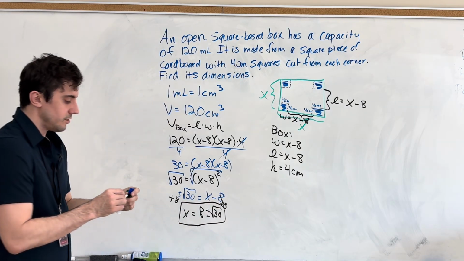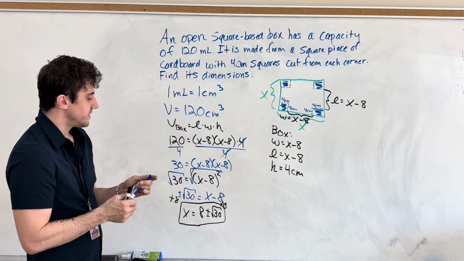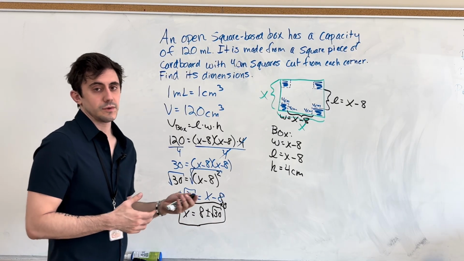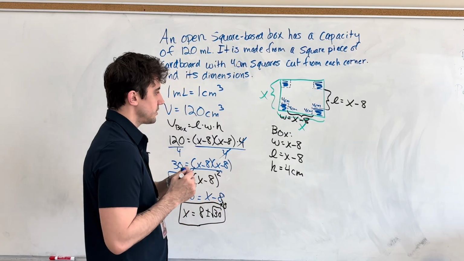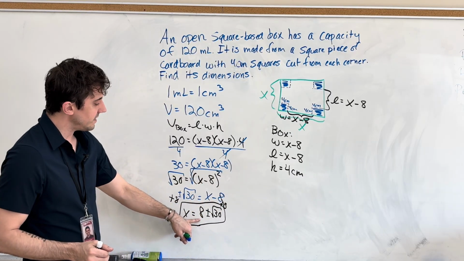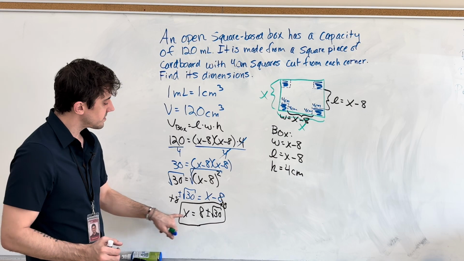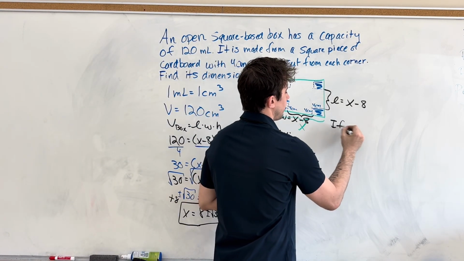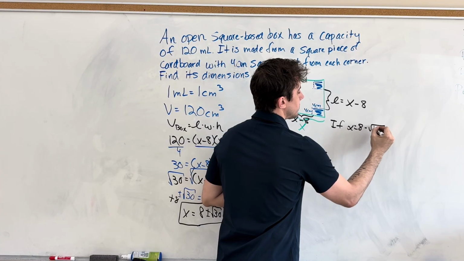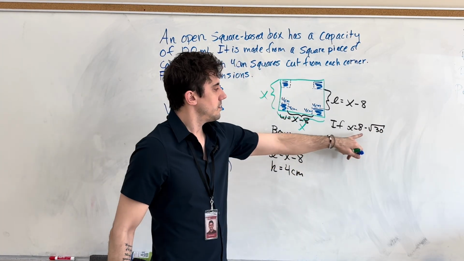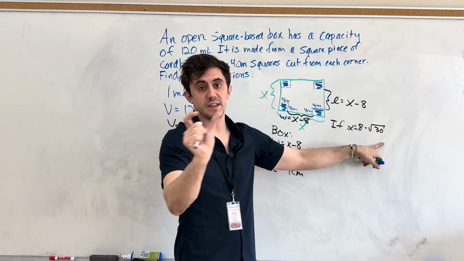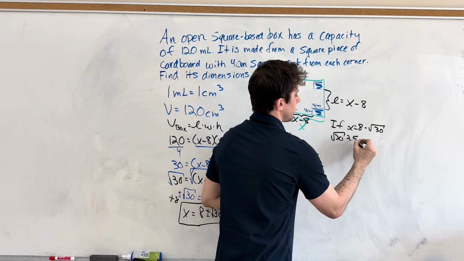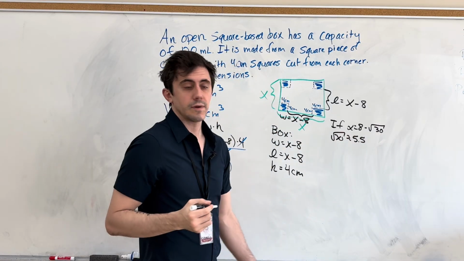Now, if you've done problems like these before, you oftentimes have to reject one of the two possible solutions. And that's exactly what we're going to do here, because I'm going to argue that if x is equal to 8 minus the square root of 30, the square root of 30 is between the square root of 25 and the square root of 36, and so the square root of 30 is very roughly around 5.5, right?